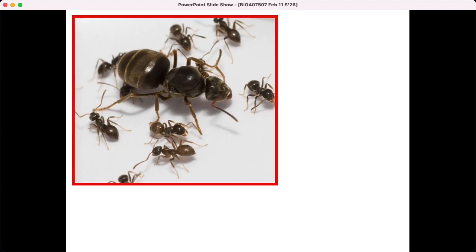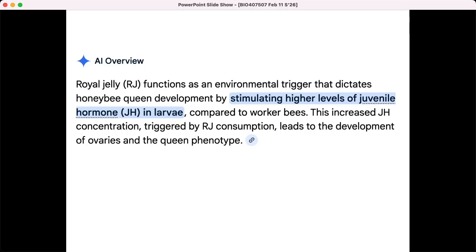And so there are examples here like this, with the social insects. Just to add a little bit to the molecular mechanisms of that, we said the reason the queen bee or queen ant or queen wasp gets formed is because the workers feed the larva this royal jelly.